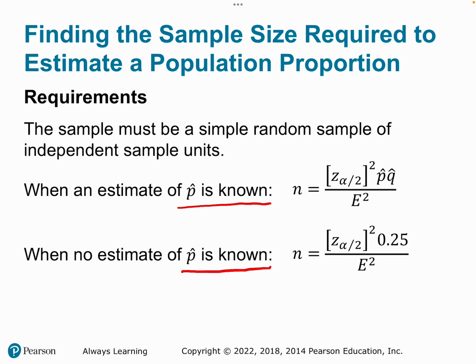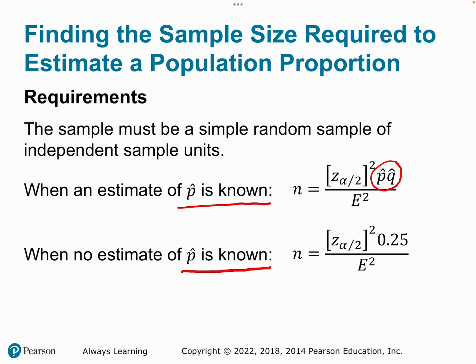The two formulas look very similar. The difference is in that numerator. If there is a previous sample proportion from a study that has already been completed, then we use that p hat and q hat, its complement, in the numerator.